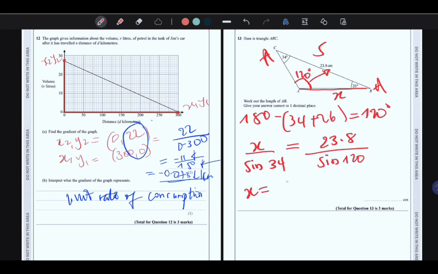So x would be equal to sine of 34 times all of this, so 23.8 over sine 120. Using your calculator, you should get 15.367, which is approximately 15.4 centimeters to 1 decimal place.